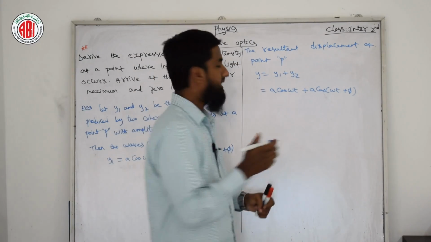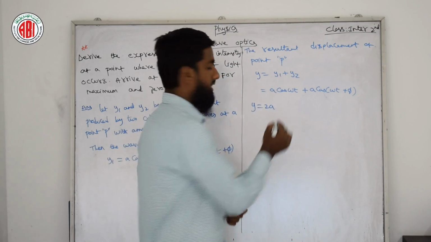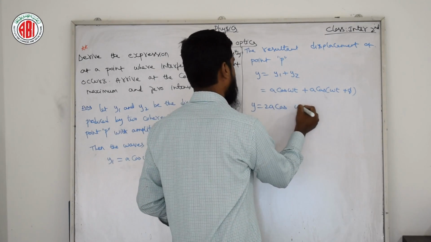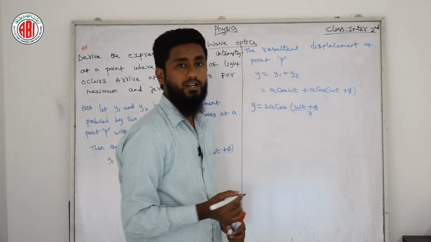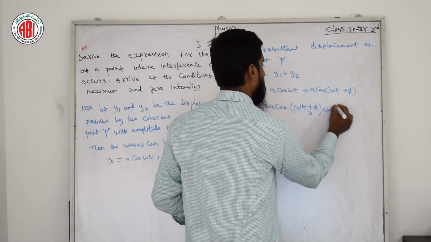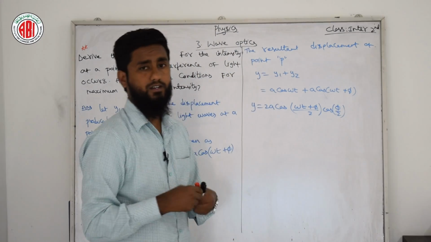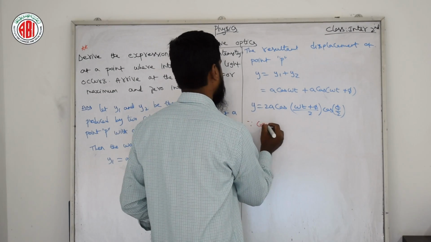From this formula we can write this step directly: y = 2A cos(ωt + φ/2) cos(φ/2). I want to write the formula in brackets with a different color marker so that it will be really helpful to you to understand this topic.